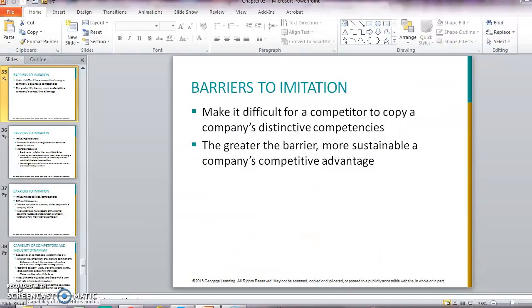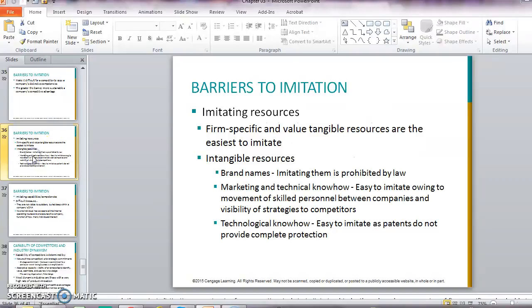So once a company has acquired competitive advantage, how do you keep it? How do you keep others from just imitating what you've done and taking market share from you and really decreasing your competitive advantage because now they have it too? Well, it's important that companies also know how to make it difficult for competitors to copy what's distinctive about a company, so that they can maintain their competitive advantage over time.